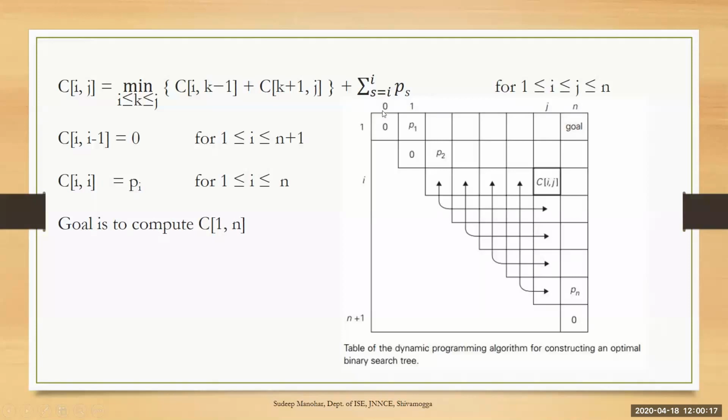Therefore, column numbers will be 0, 1, 2, 3 and 4. So this is column number 4, and this is row number 5 maximum, and this is row number 1.